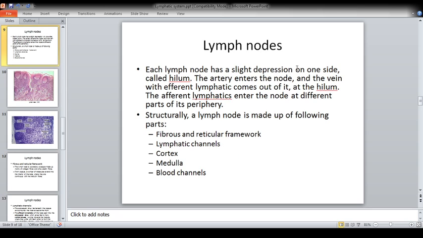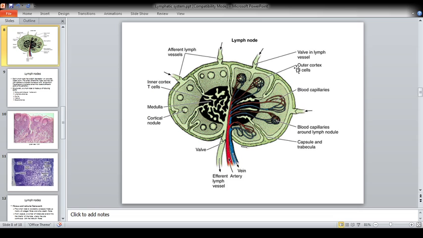Each lymph node has a slight depression on one side that is known as the hilum. As we can see, it is kidney or bean shaped with hilum on one side, same as that of the kidney. Hilum is the part from where the major vessels would enter or exit a structure.